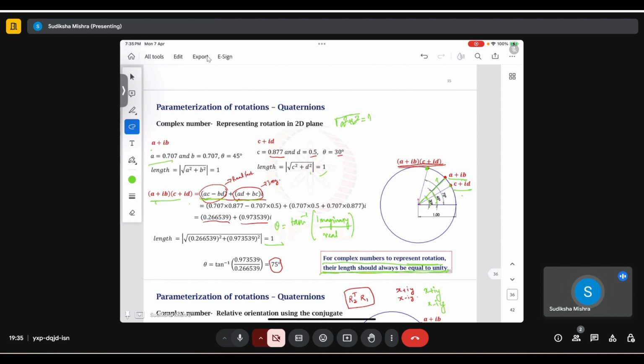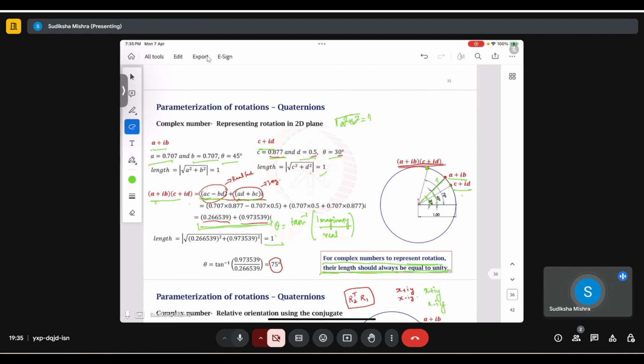You know A and you know B, you know C and you know D, you know the angles that these form with the real axis. To compute the sum of these two rotations, what you can do is multiply A plus IB with C plus ID, which will give you another imaginary number.